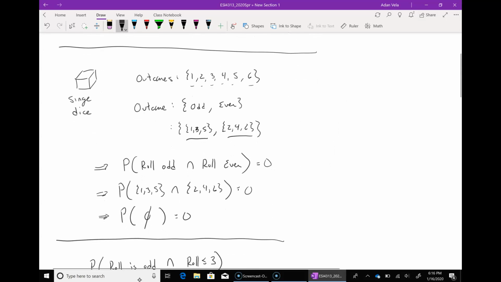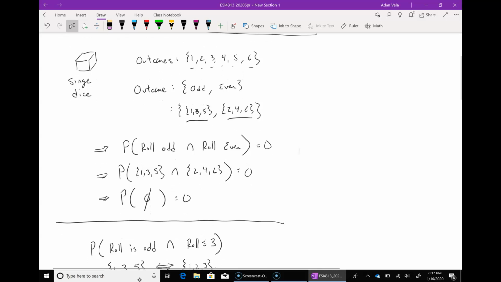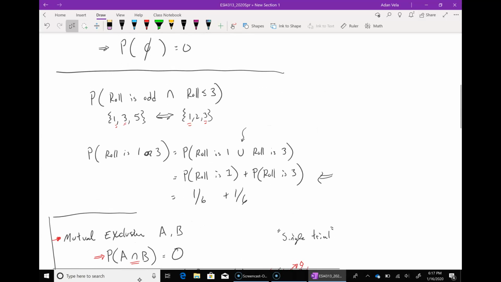If you have a single trial, like rolling a single die, you're probably going to be solving a problem that includes some sort of mutually exclusive event. Now, that's not always true. If you have compound events, so here the roll is odd, which can happen multiple different ways, and the roll is less than 3, which can happen multiple different ways, in that case, if there's overlapping, then they're not mutually exclusive, even though it's a single trial.